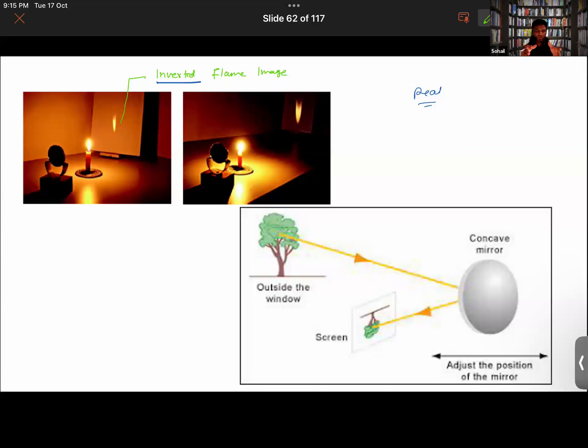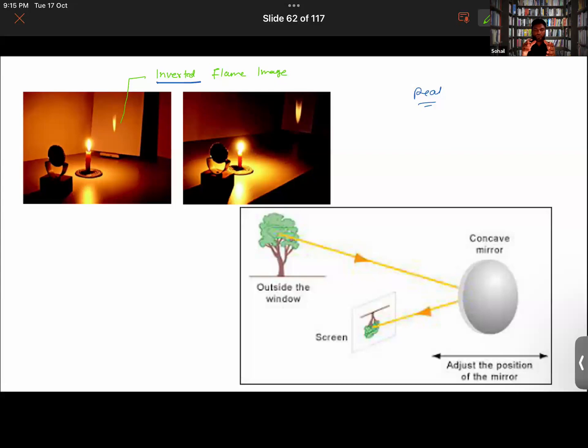Then coming to the part where Chakrika was asking about the phone. In the phone, basically what is happening? There are so many sensors installed in the phone. So that is basically trapping the reflected light rays, studying those light rays, and then displaying that image.